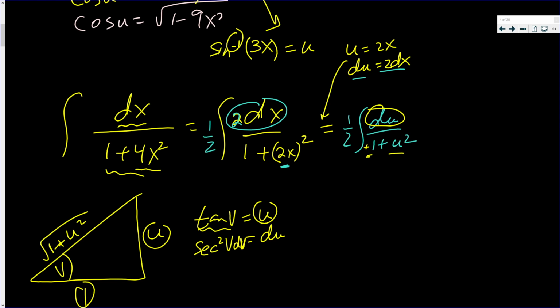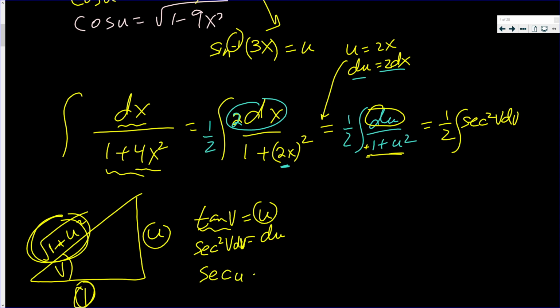Okay, so what we have is the 1/2, the du, well that's secant squared v dv, and 1 plus u squared. Well, if you divide this by 1, you'll just get that, and that's the secant. The secant of v is the square root of 1 plus u squared.